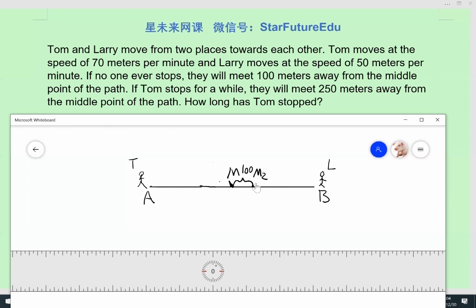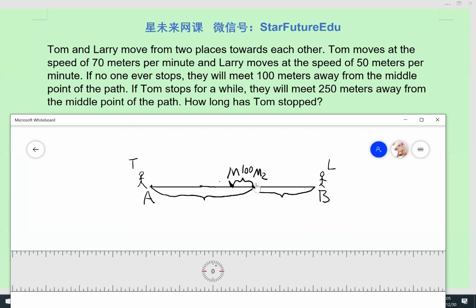So from A to M2 is the distance traveled by Tom, and from M2 to B is the distance traveled by Larry. Okay, now we know Tom had traveled more distance than Larry.